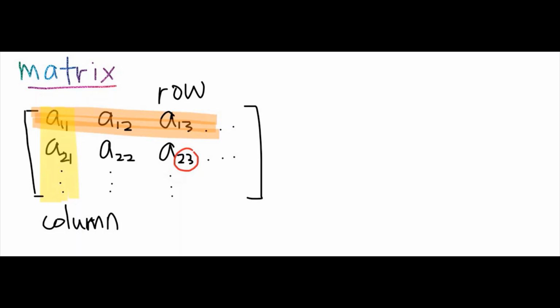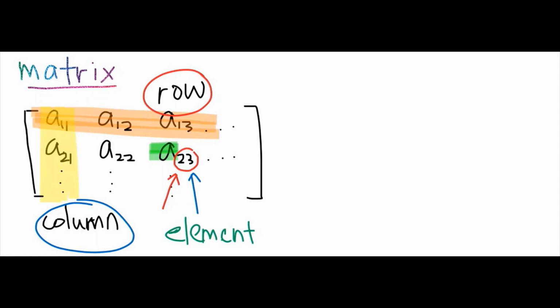The first digit here will represent the row, and the second digit will represent the column. Also, very often the numbers in the matrix itself is known.